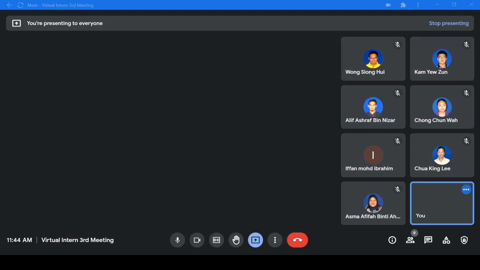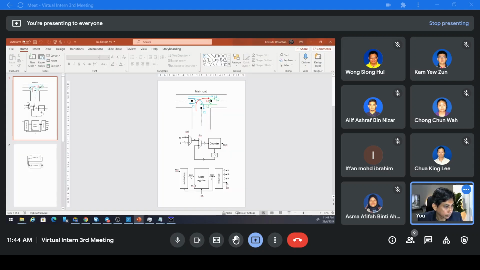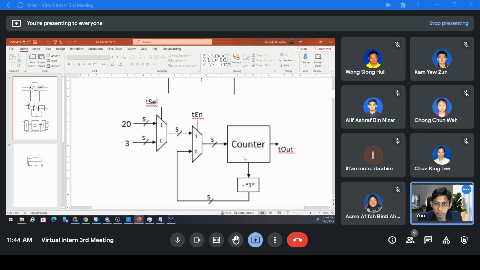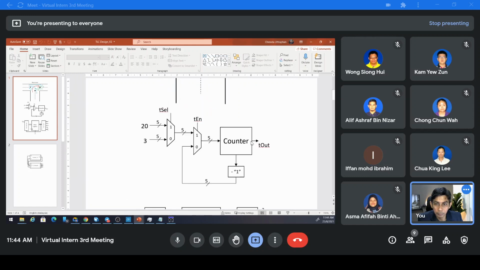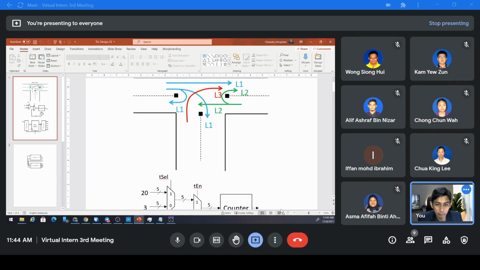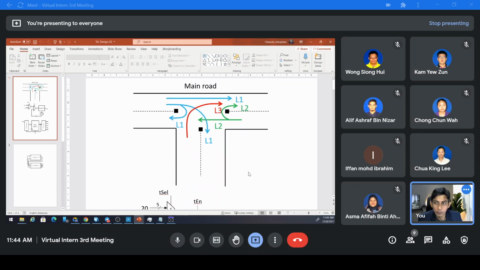Okay, this is actually the traffic light controller, which is a very practical project where we can have many types of traffic light controller and many technologies that can implement the traffic light controller.